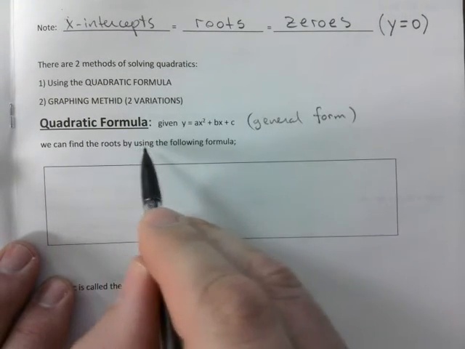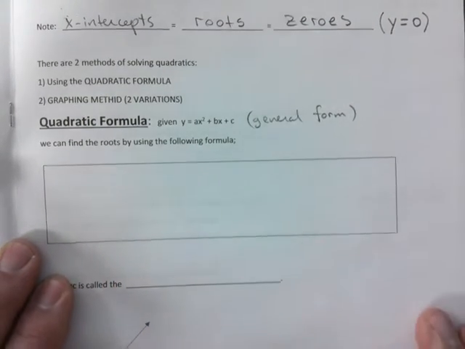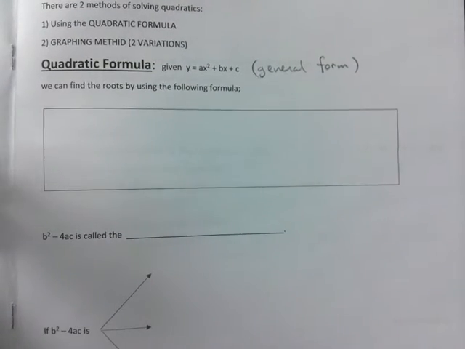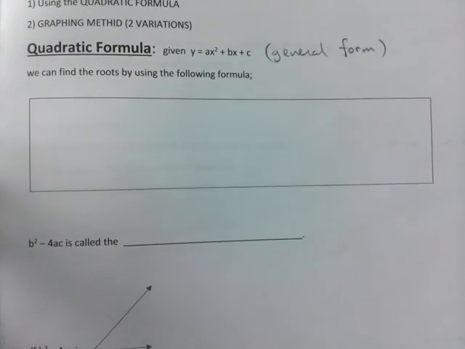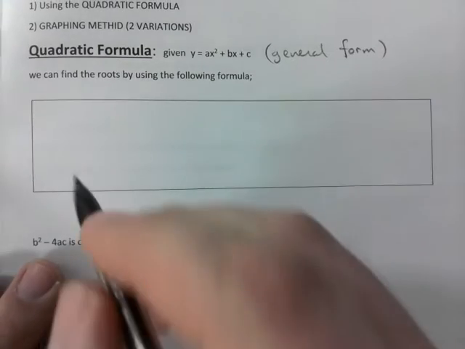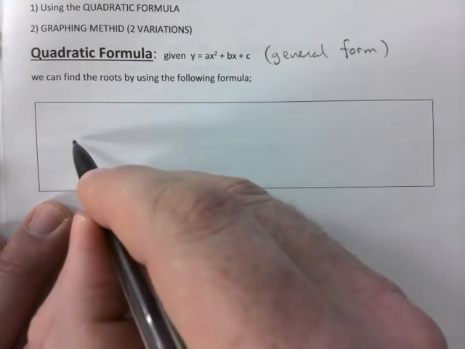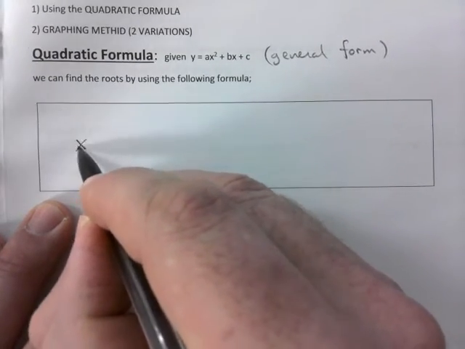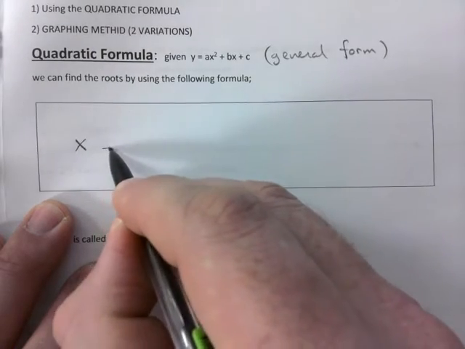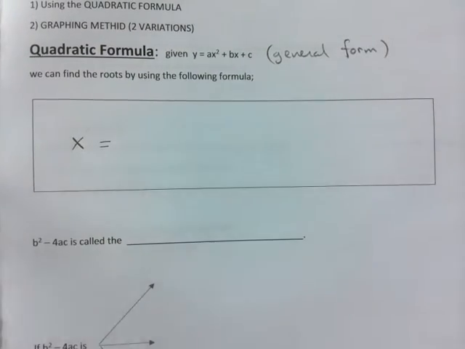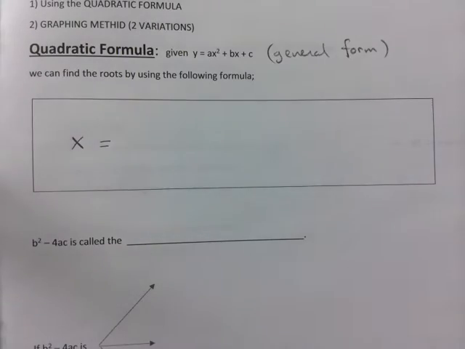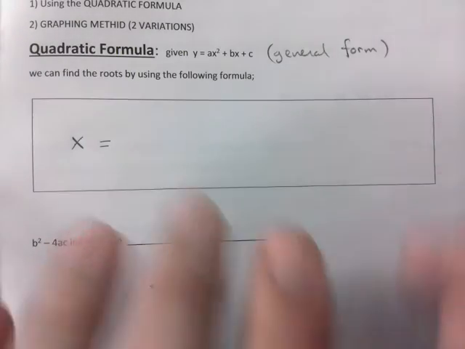We can find the roots by using the following formula. Are you ready for this? This is going to be very important to get right. Let me write it out first. Just watch. x, which is going to be the x-intercepts, can be found by using the following formula. Watch what I'm going to do first.